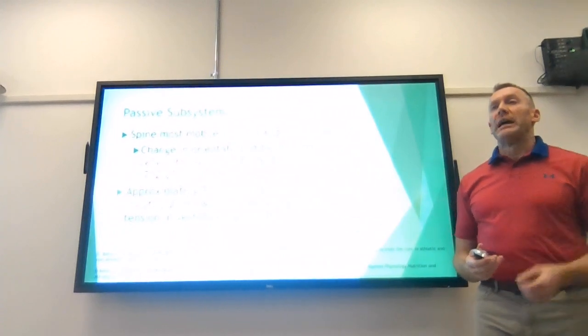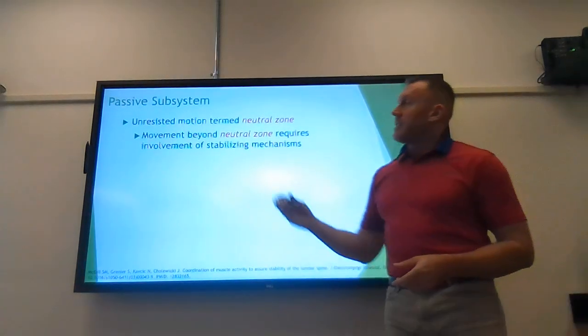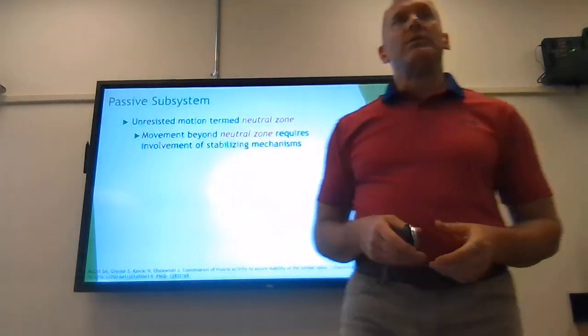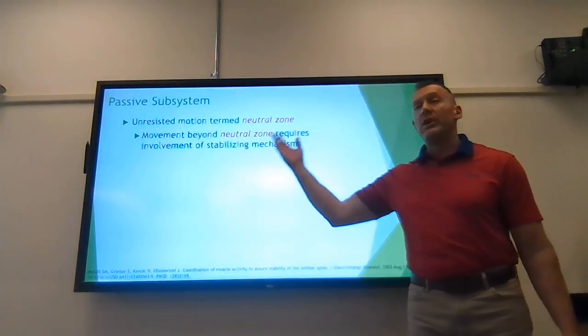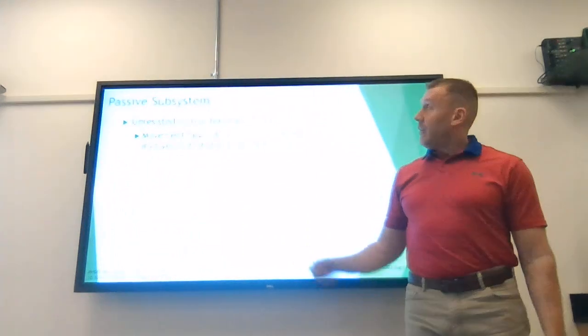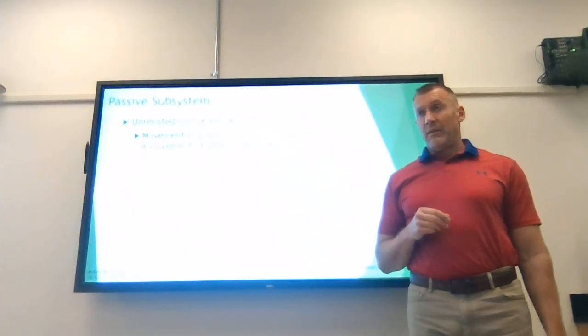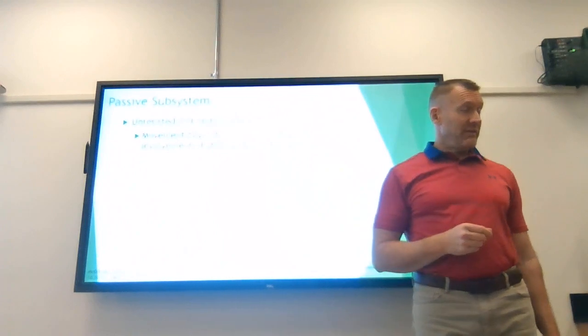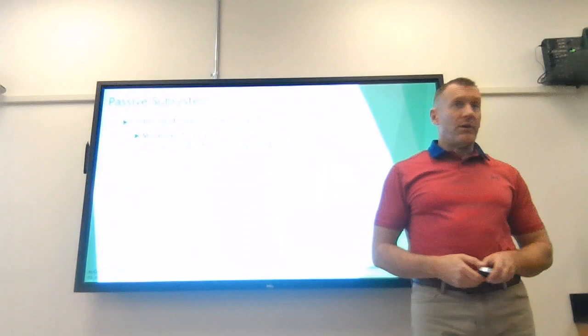It's a protective mechanism. So this unresisted motion, this 1 to 2 degrees, is called the neutral zone. If we go beyond the neutral zone, we have to have stabilizing mechanisms in place. The passive tissues are not able to stabilize very much load.